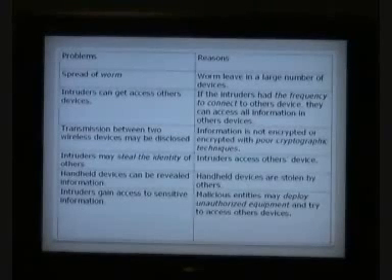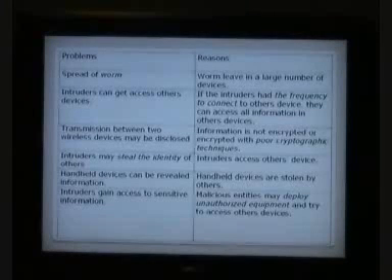Also, intruders access others' devices on internal or external cooperative networks, so that intruders may steal the identities of others.